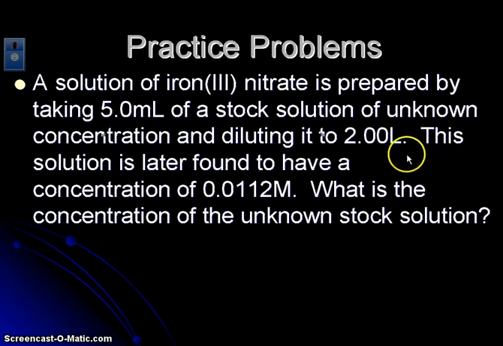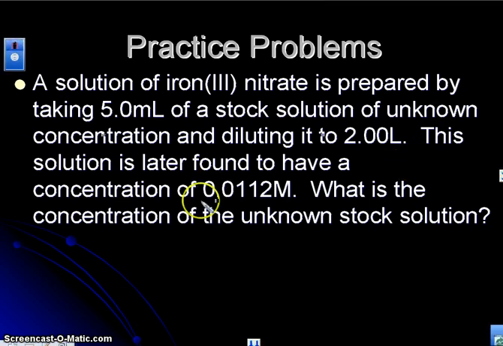This solution that we've made up is later found to have a concentration of 0.0112 molar. So the way we need to pair this is that this molarity goes with this volume, because this 2 liters of solution is the solution that is found to have the concentration of 0.0112 molar.